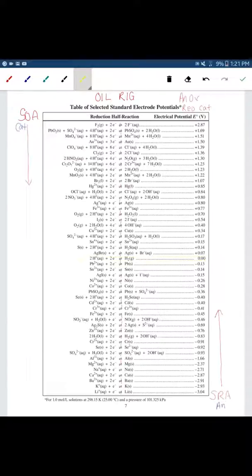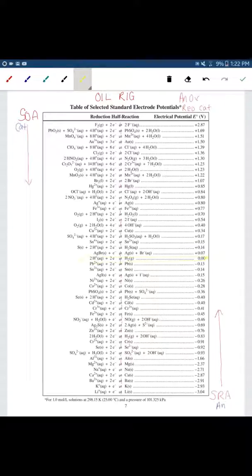Students will take a highlighter and highlight this value right at 0 just to identify that this is my midway point. Anything above 0 tends to be a strong oxidizing agent, at least on the left-hand side, and everything below that tends to be a strong reducing agent, at least on the right-hand side. So that's the first thing I have them highlight.